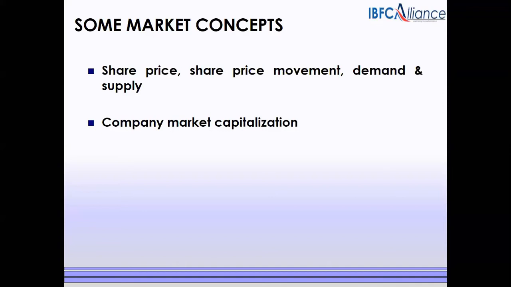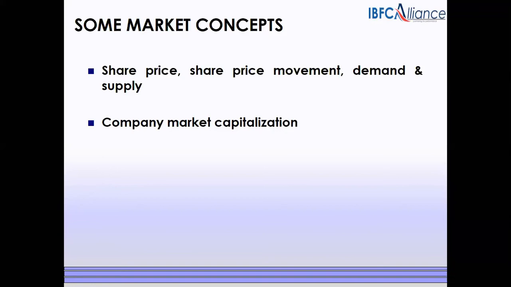Now, in the Nigerian stock market, or in any stock market, share prices move from time to time as a result of demand and supply. So if demand is more than supply, generally the prices will go up. If supply is more than demand, generally prices will go down. In terms of maximum daily price movement on the Nigerian Stock Exchange, share price can either go up or come down by a maximum of 10% a day.